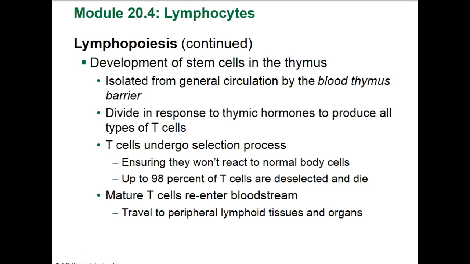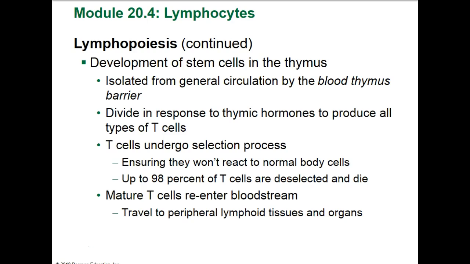The development of the stem cells in the thymus, they're isolated from your general circulation by the blood-thymus barrier. They divide in response to thymic hormones that produce all the types of T cells. The T cells undergo selection processes. They ensure they won't react to your normal body cells, and up to 98% of the T cells are deselected and die. So your body basically initially produces T cells that will recognize every kind of antigen.